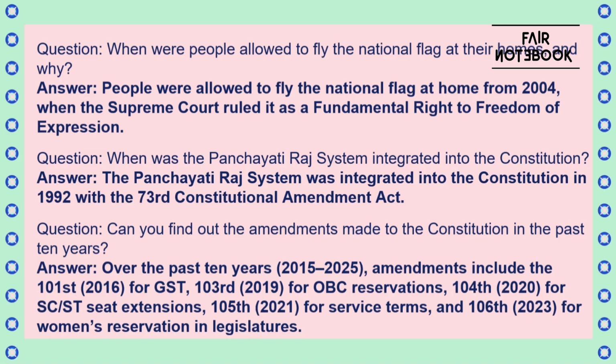Answer: over the past 10 years, 2015 to 2025, amendments include the 101st Amendment 2016 for GST, 103rd 2019 for OBC reservations, 104th 2020 for SC/ST seat extensions, 105th 2021 for service terms, and 106th 2023 for women's reservation in legislatures.